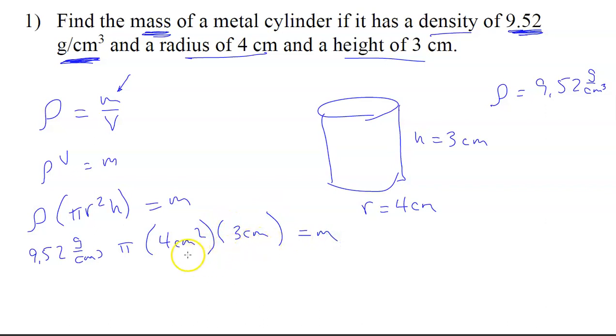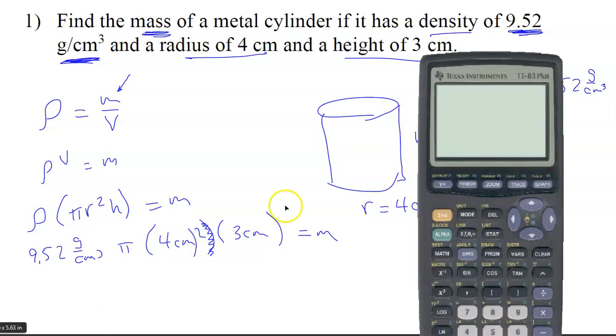If you know what you got, you can look up the density. But the only thing I probably should have done was put this right here instead of right there. The reason for that is I need to square the 4 and the centimeters. So let me correct that a little bit real quick.